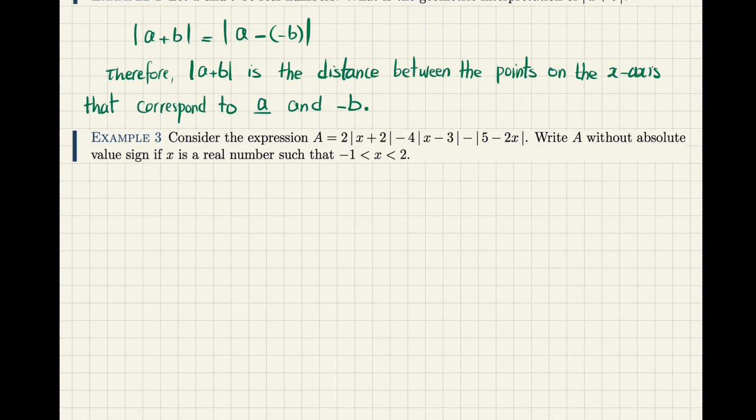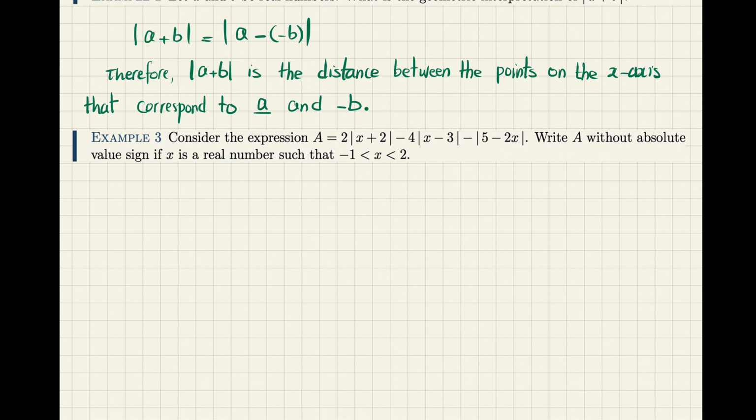Okay, now let us go to the next example, which is actually a very important example. Important doesn't necessarily mean hard. Okay, so here consider an expression. I call this absolute value expression A, and I'm asking you to write A without absolute value signs if x is a real number such that x lies between -1 and 2. So the point is clear.